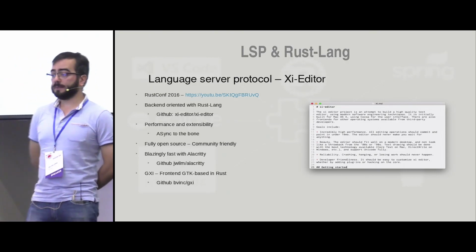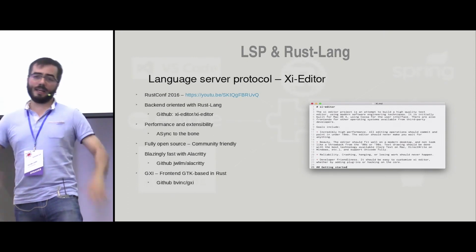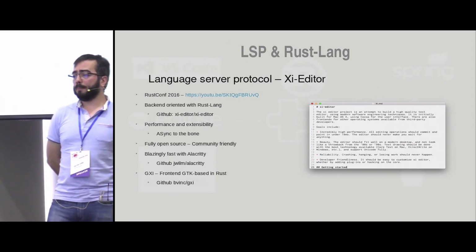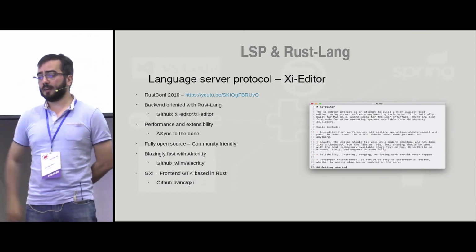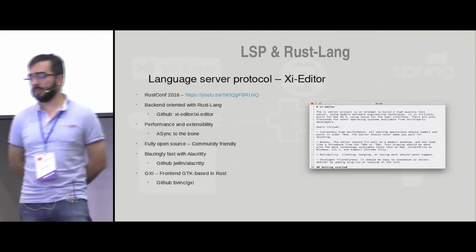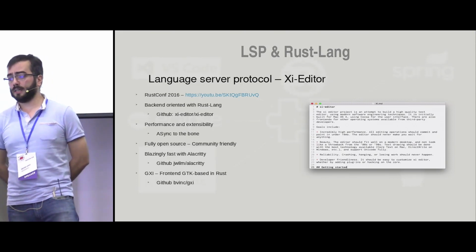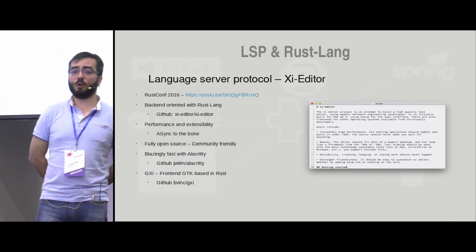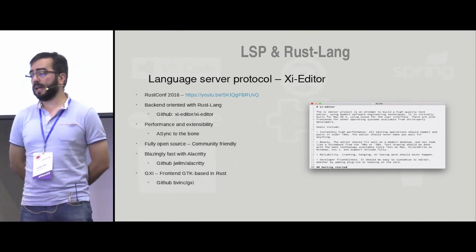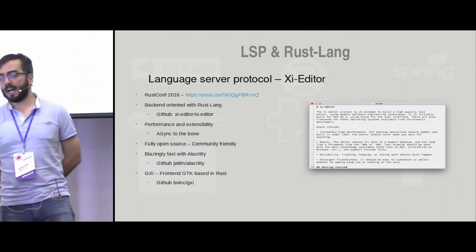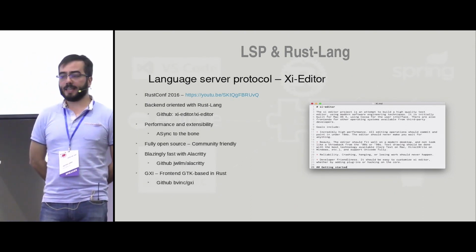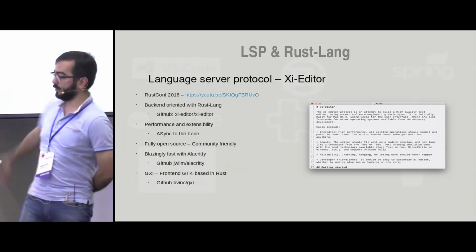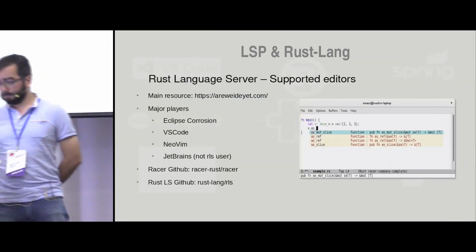It's fully open source, and there are some demonstrations on the GitHub of this editor about the speeds they can achieve with Alacritty. Alacritty is another Rust implementation for terminals, uses the GPU, and it's fairly good as well. And we also have one Rust implementation for the front end that will communicate with this editor, called GXI. It's based on GTK, and also open source. The GitHub is there for the ones who are curious about this.